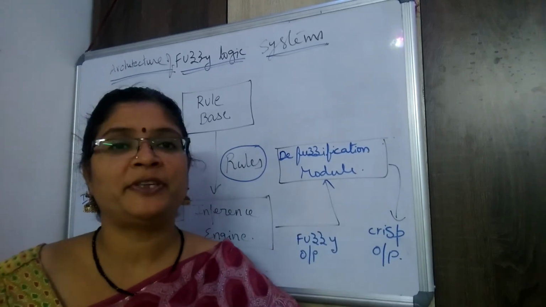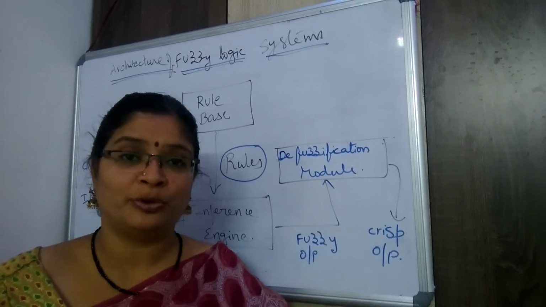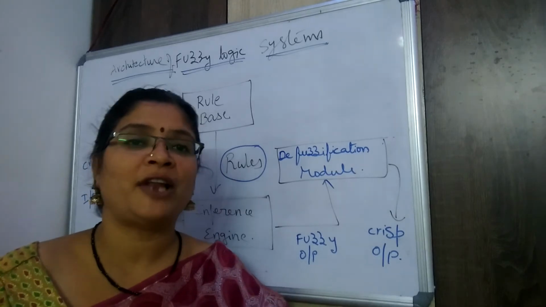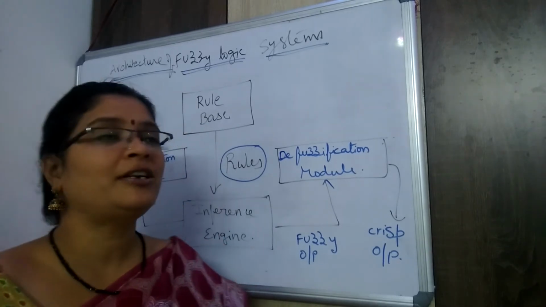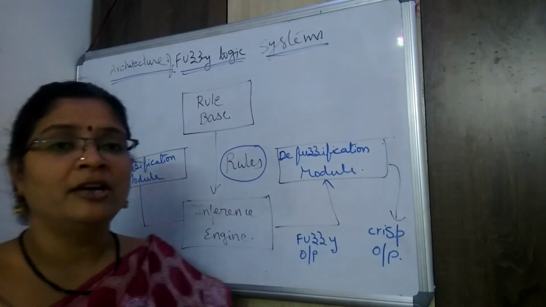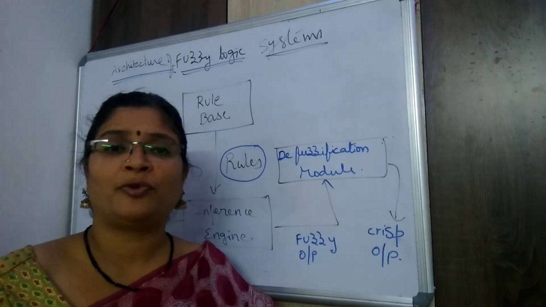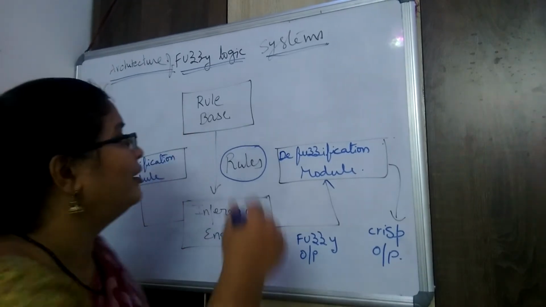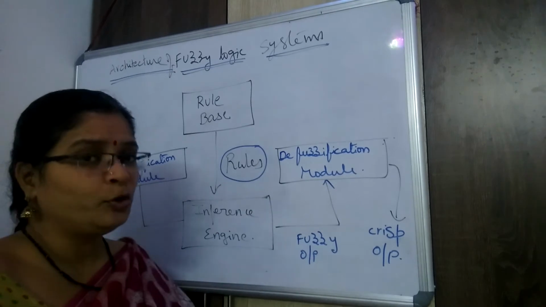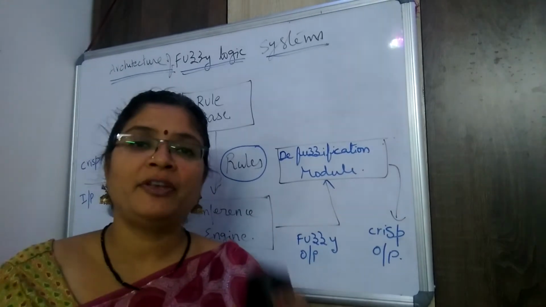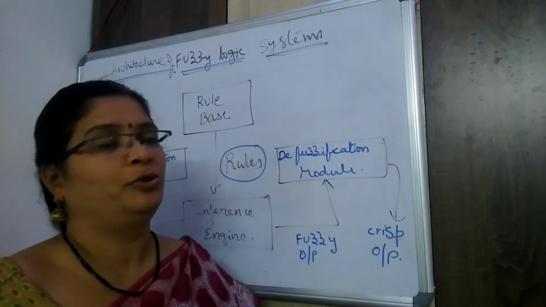The range will be specified while designing the rules, and some conditions also we will apply on that. In fuzzy logic systems, we put all such rules whatever we have designed in the rule base. The rule base is one of the important components which stores all these kinds of rules.